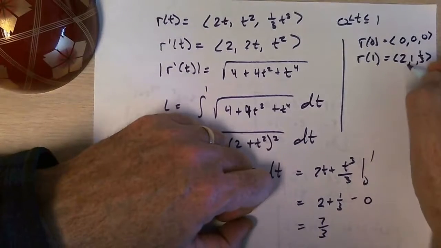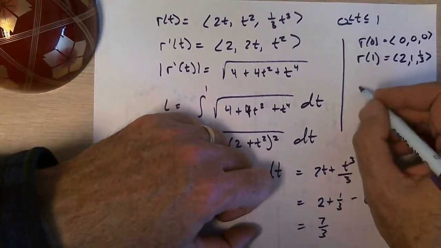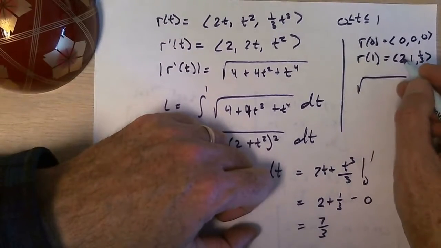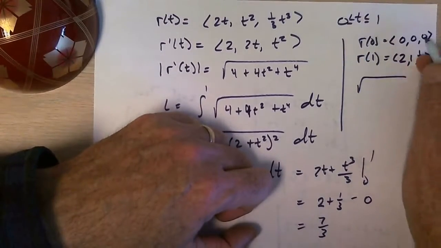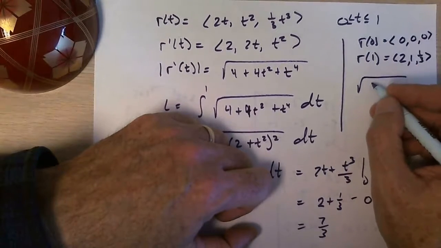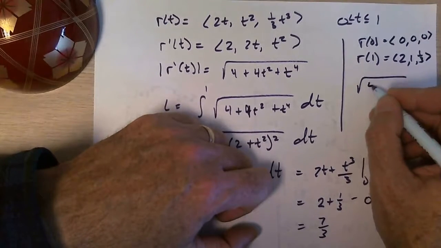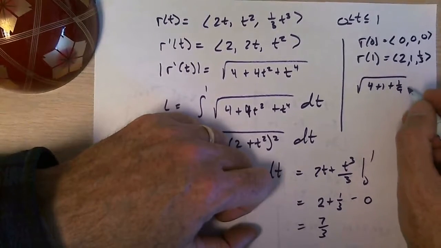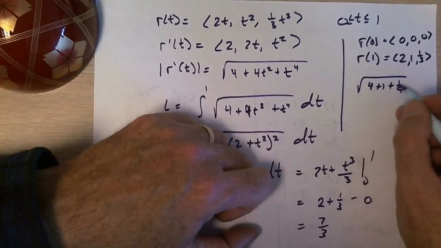And if I look at the straight line distance between those two, that would be the length of r of 1 here. So, because I'm doing 2 minus 0, 1 minus 0, 1/3 minus 0, square each of those, add them up, take the square root. So that would be 4 plus 1 plus 1/9. So we're looking at the square root of 5 and 1/9.